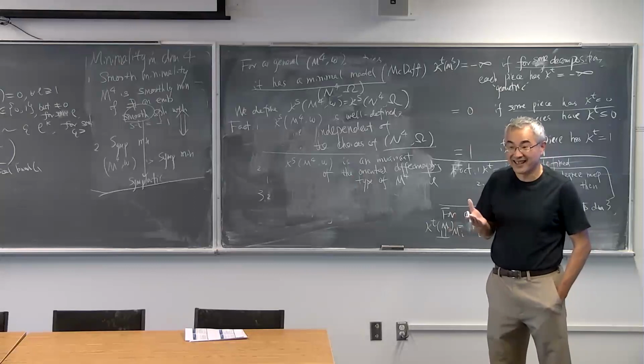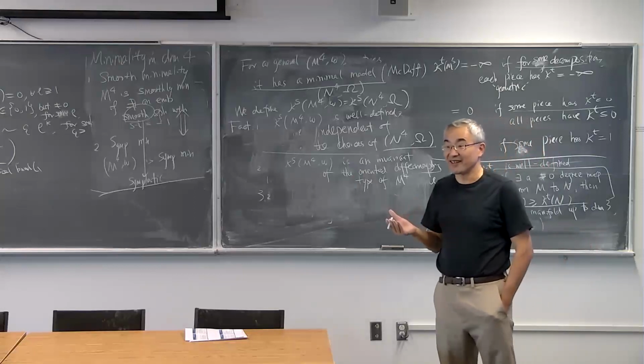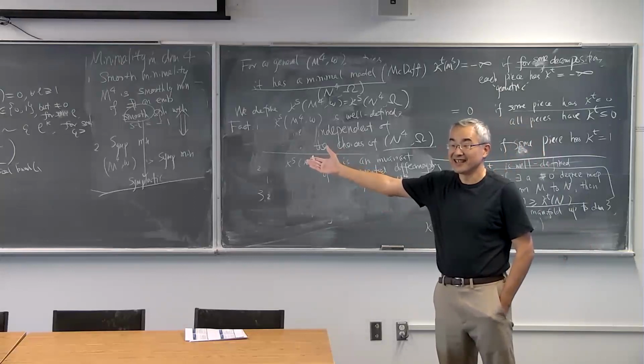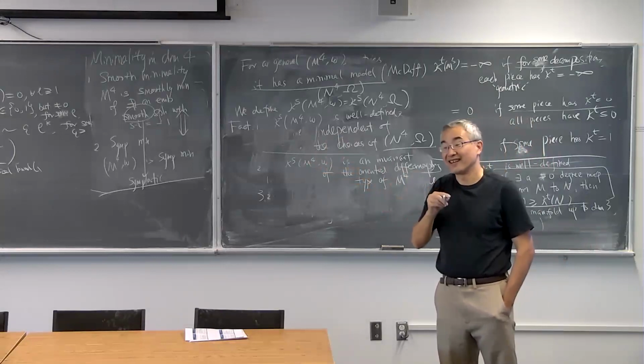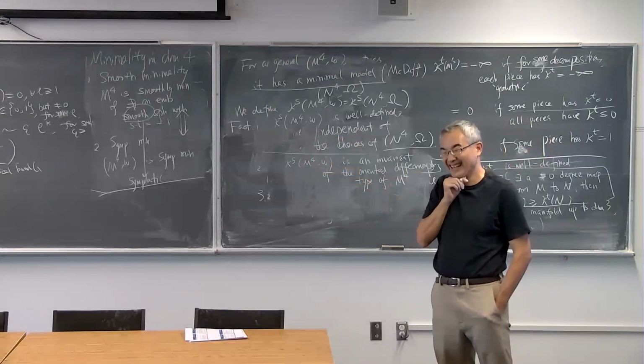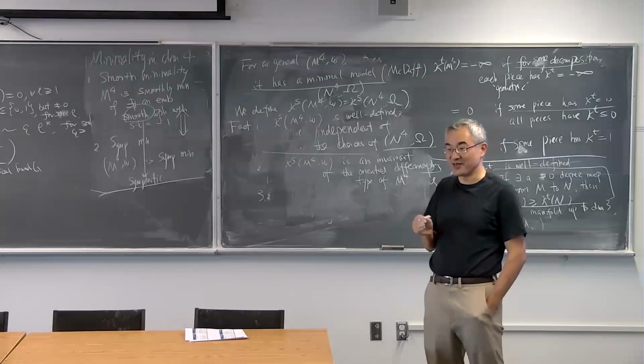If you have a diffeomorphism reversing the orientation, then it's not symplectic, right? It falls out. Like CP2 bar: you change the orientation.